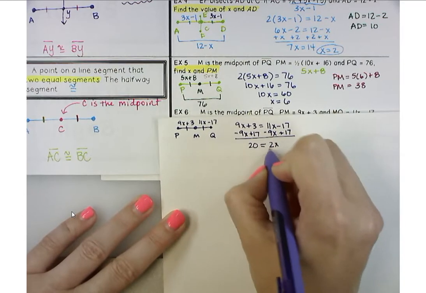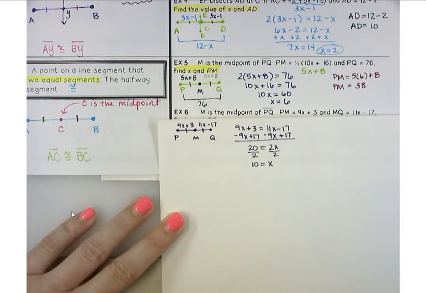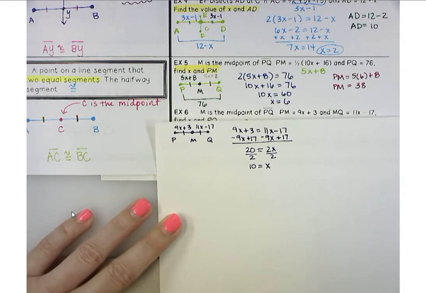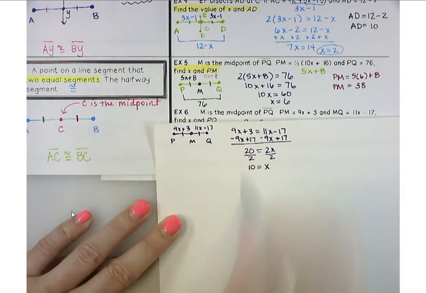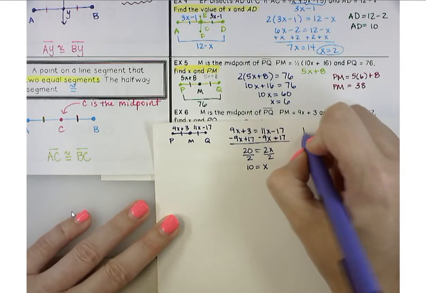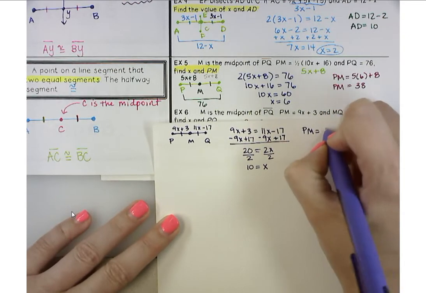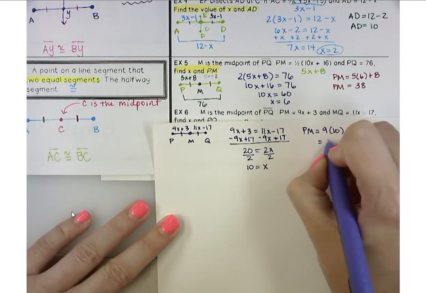And then I'll divide by 2, which will give me 10. So not only did I have to find x, but I also had to find PQ, which is the total length. I can just find out what half of the length is. So I know that PM is 9x plus 3. So that would be 93.